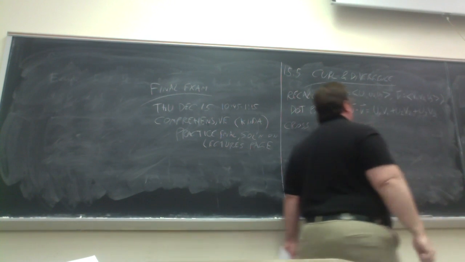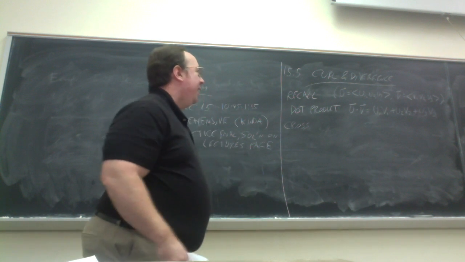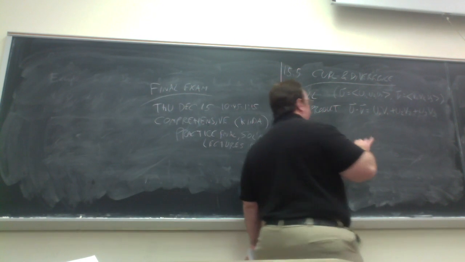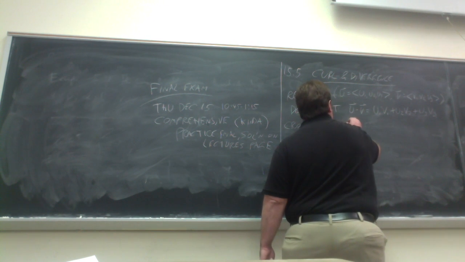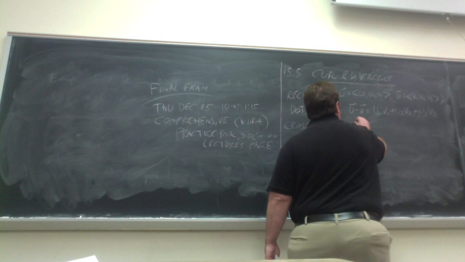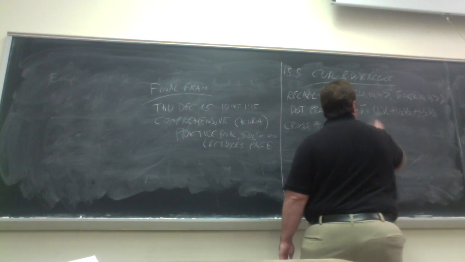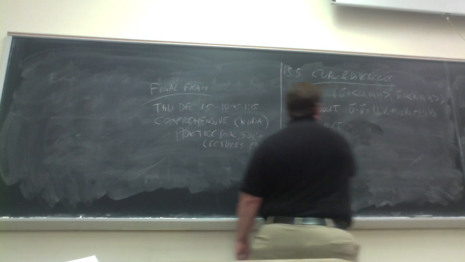And I probably should have chosen different letters than u and v, but I'll do my best to make sure my u's look nothing like my v's. So, u cross v. Actually, I've written it down here. That is a vector.